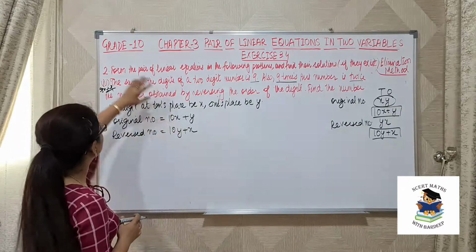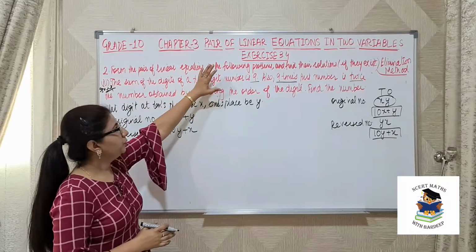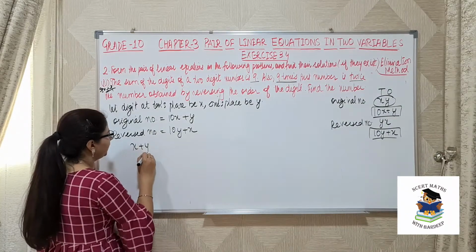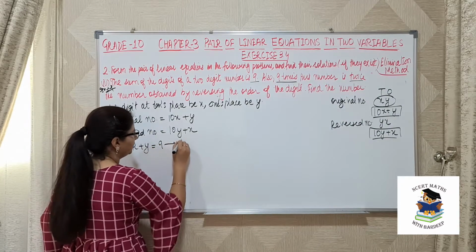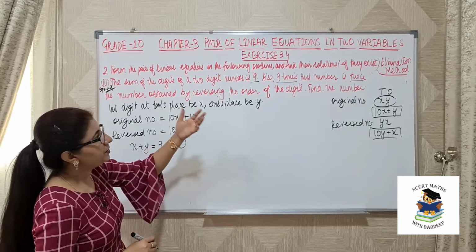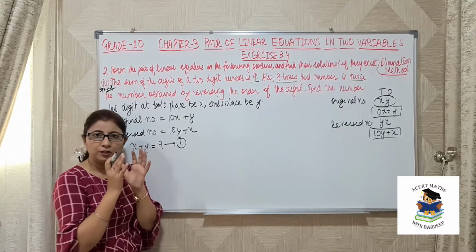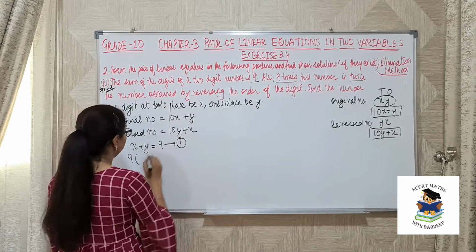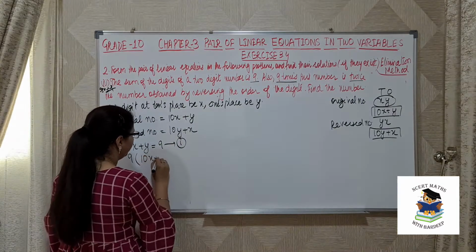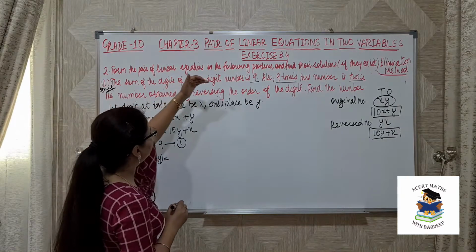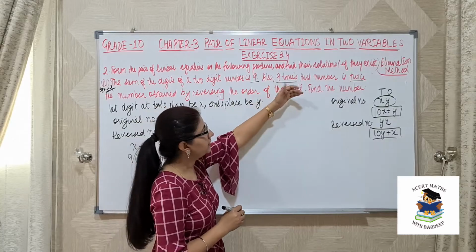So now let's start. The sum of the digits of the two-digit number is 9. So sum of the digits means x plus y. This is 9. This is my first equation. Okay. Second is 9 times this number. This number means the original number. So 9 times the original number, 10x plus y, is equal to twice the number obtained by reversing the order of the digits.